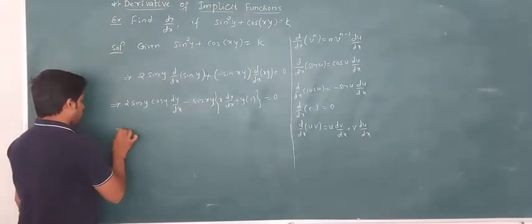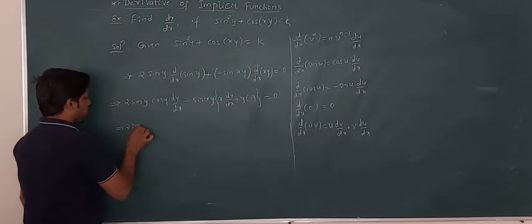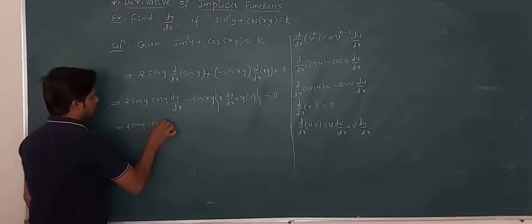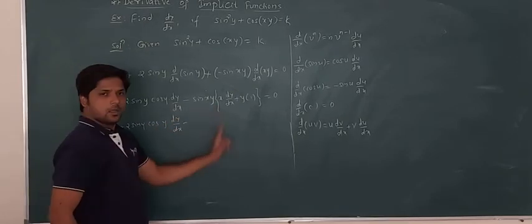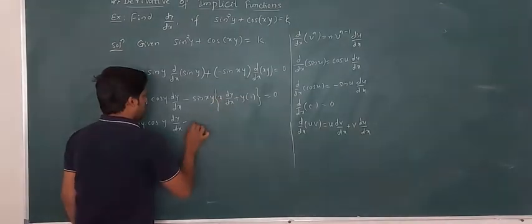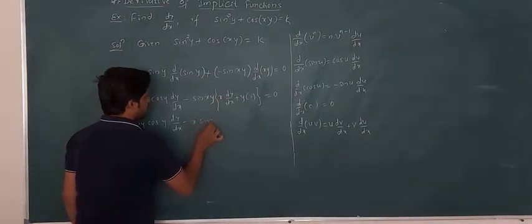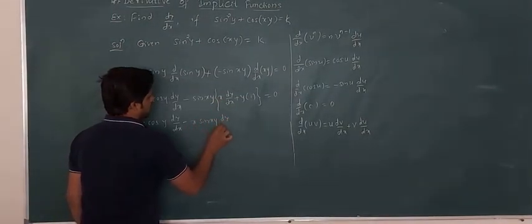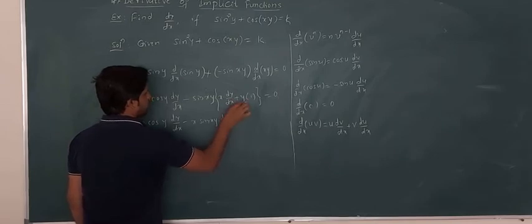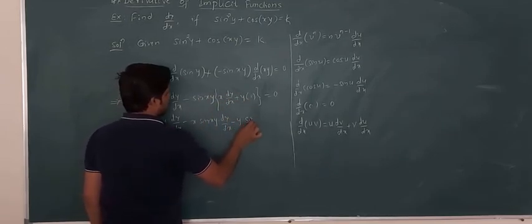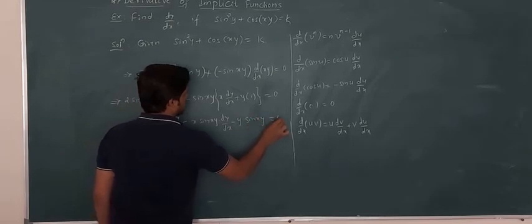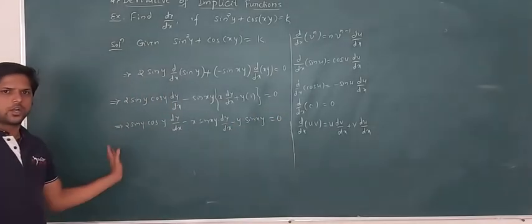Now simplifying, we get 2 into sin y into cos y dy by dx minus x into sin xy into dy by dx minus y into sin xy is equal to 0. Now solve for dy by dx.